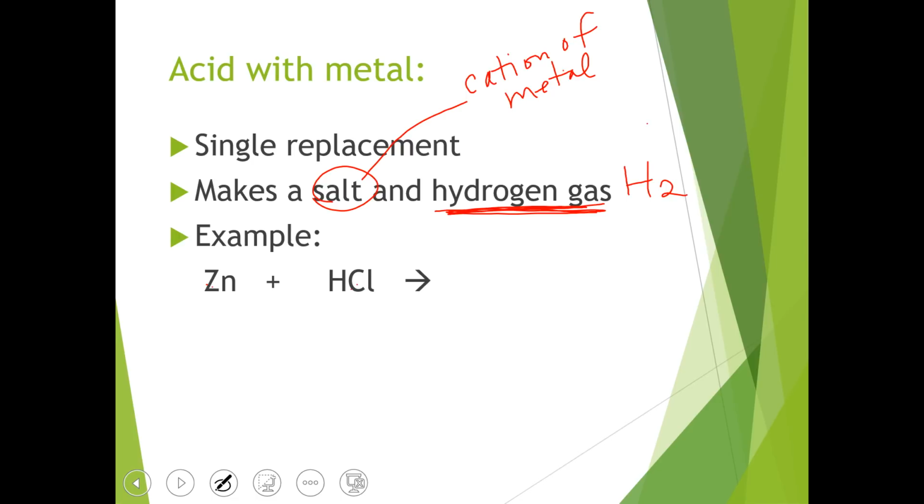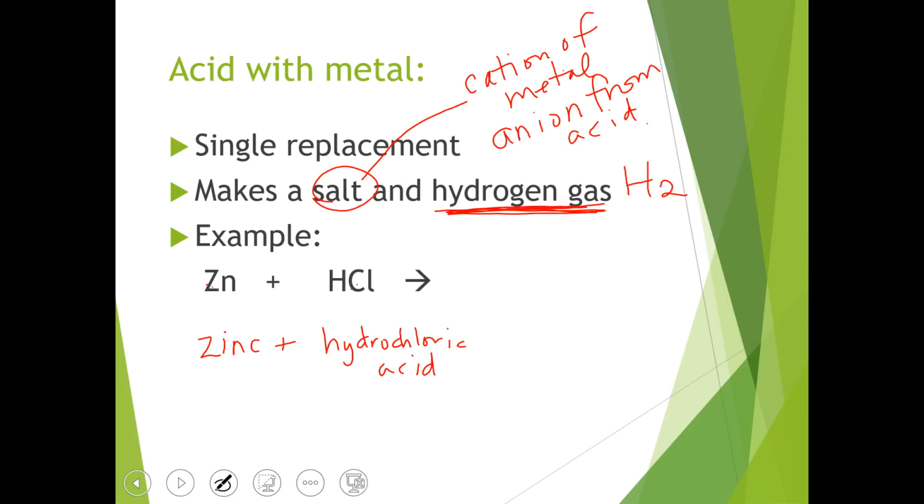And then the anion for the salt is the anion from the acid. In the lab, it was also hydrochloric acid, so it was magnesium with chloride anions. In this one, it's going to be zinc with chloride ions, because here we have zinc metal and hydrochloric acid.